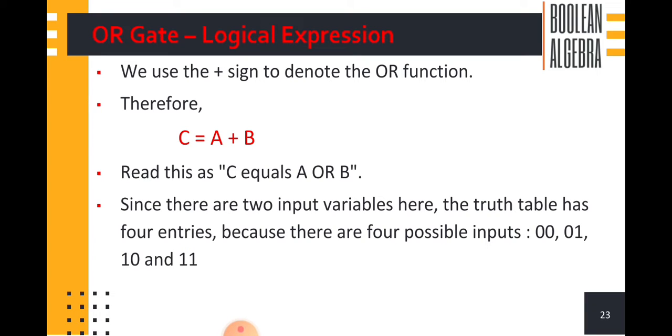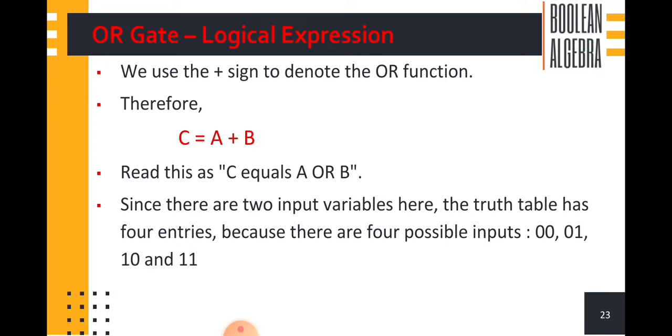Since there are two input variables here, the truth table has 4 entries. How can we say the truth table has 4 entries? What are the binary values? 0 and 1. So the base value for the binary number system is 2. How many variables are there? 2 variables. So 2 power 2 is equal to 4.